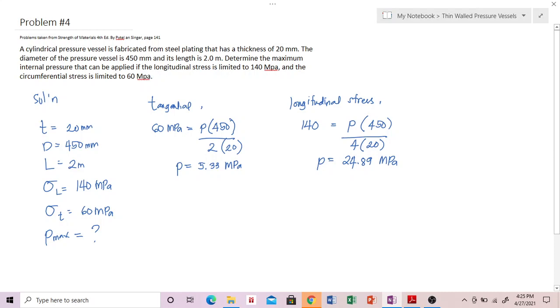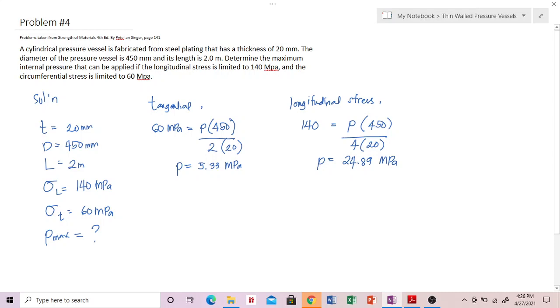Okay, same lang class. Ang internal pressure yung load. So, alin ang pipiliin natin? Yung mas maliit. Ano? Kasi, yung 5.33 lang, kaya ng tangential. Ang longitudinal stress, considering longitudinal stress equivalent to 140 megapascal, ang kaya niyang i-accommodate na internal pressure is hanggang 24.89.